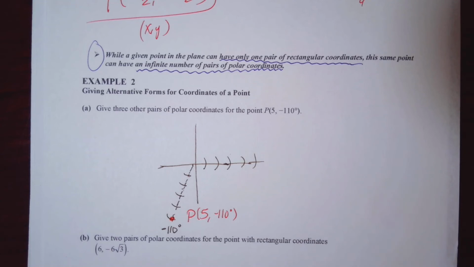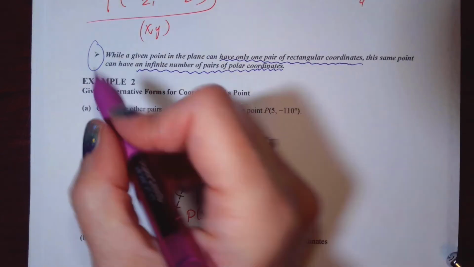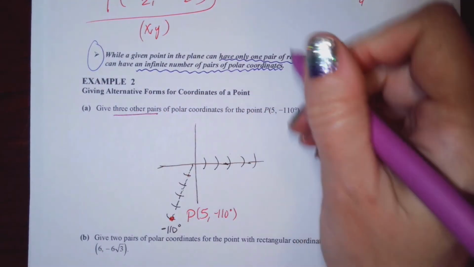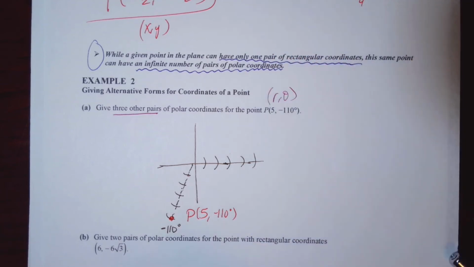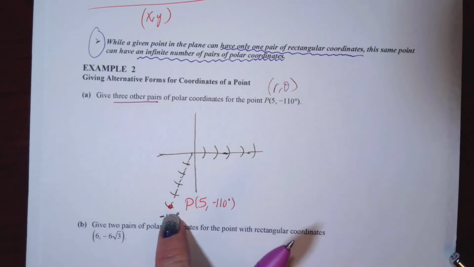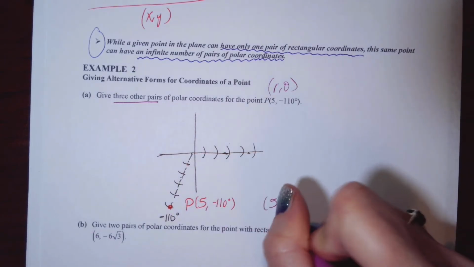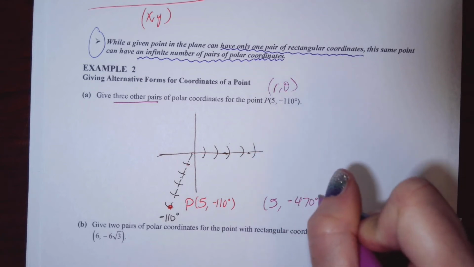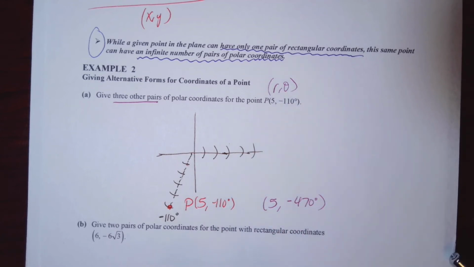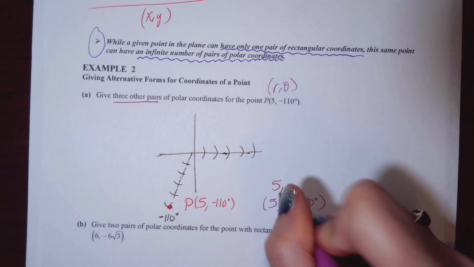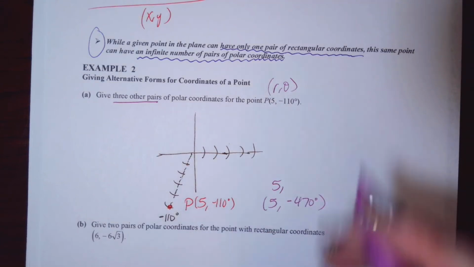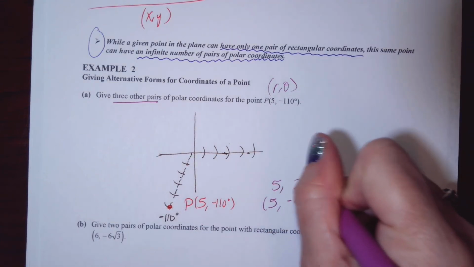Now I was tasked with finding 3 other pairs of polar coordinates. So I need r theta. Well, let's keep going in a negative direction one more time around. So I'd do a negative 360 with that. That gets me to 5, negative 470. If I added a positive 360, 360 minus 110 would be a positive 250.